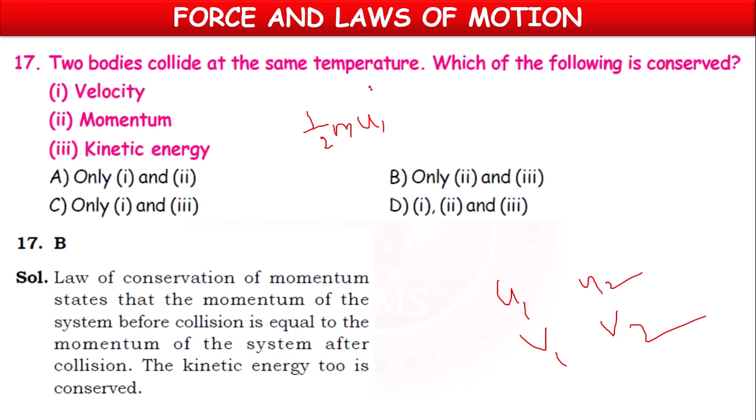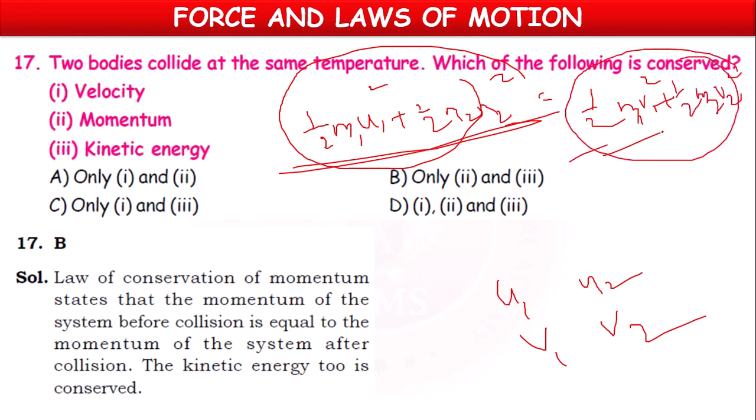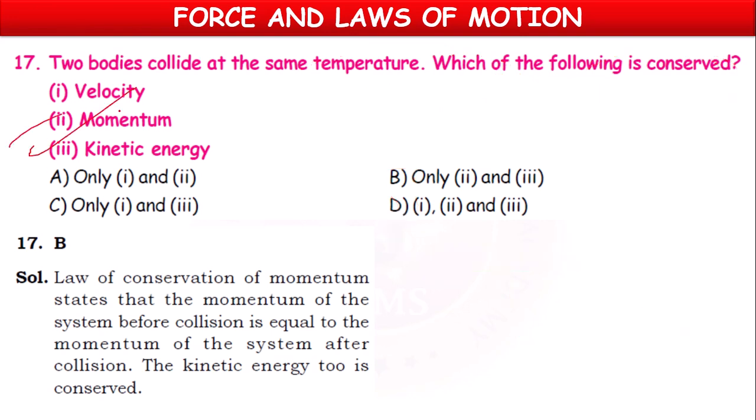Then half m1 u1 square plus half m2 u2 square is the total kinetic energy before collision, equal to half m1 v1 square plus half m2 v2 square, the total kinetic energy after collision. So this kinetic energy also will be conserved. So both 2 and 3. Option B, only 2 and 3 are conserved.